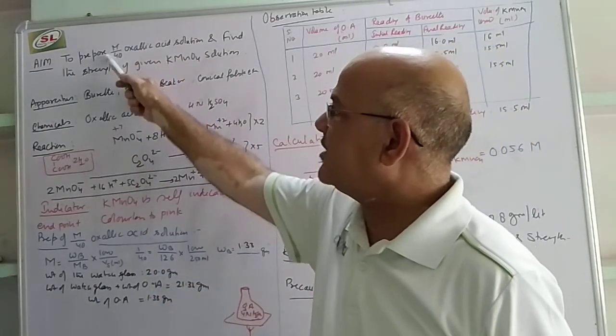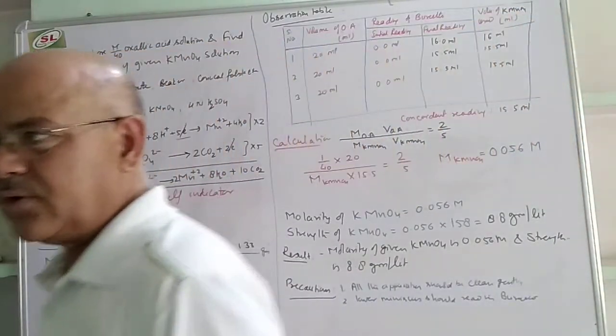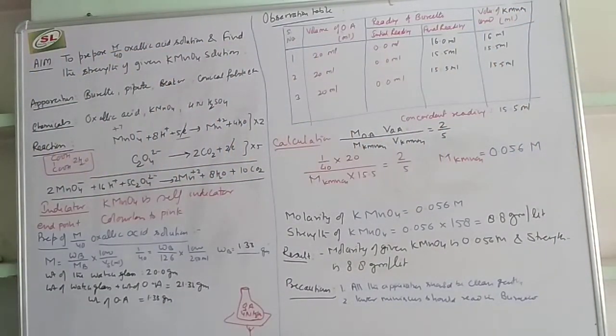To prepare the M/40 oxalic acid solution, first of all we will calculate the weight of oxalic acid we should use to prepare the solution in 250 ml. So this is the formula of molarity: weight of oxalic acid upon molecular weight of oxalic acid into 1000 upon volume of solution.